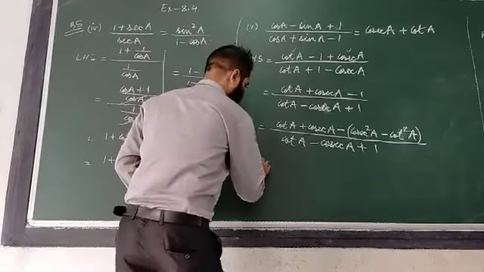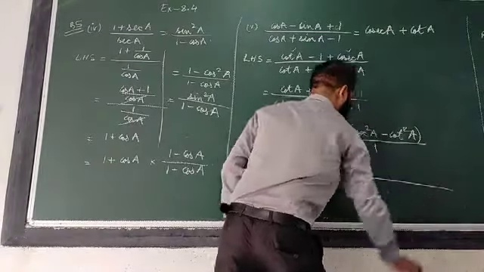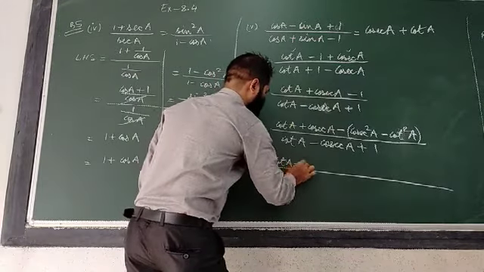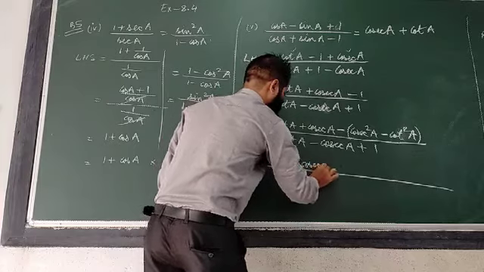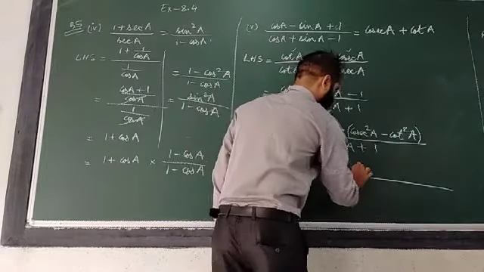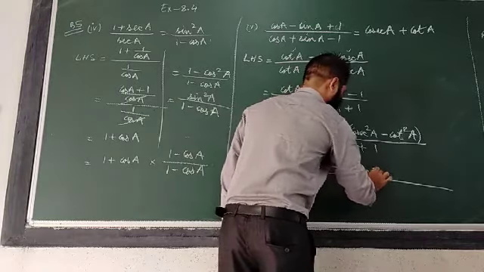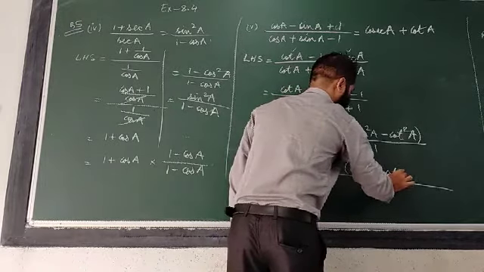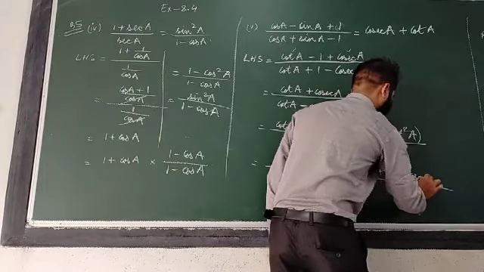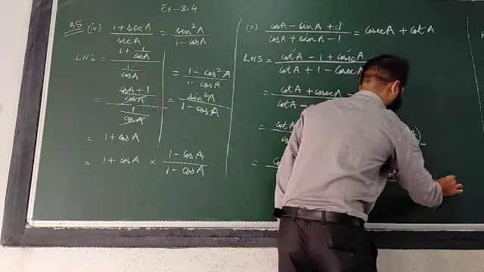Now this can be written as cot A plus cosec A minus, and this is a square minus b square, so I am taking (a plus b) into (a minus b).